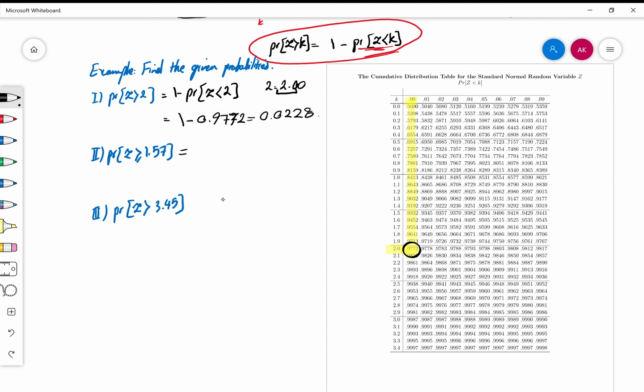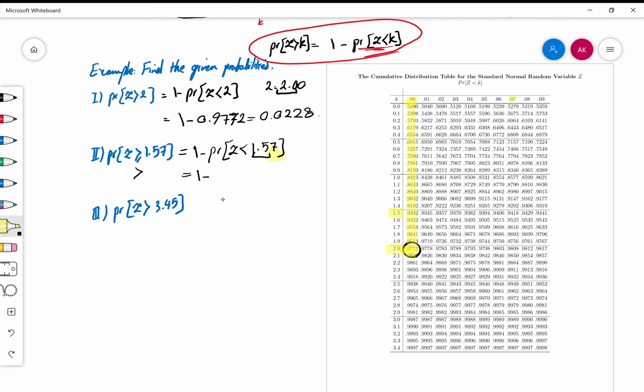For this other one, one thing you have to remember is that Z is a continuous random variable, so it doesn't matter if it's bigger than or equal, or just bigger than. Those are the same for continuous random variables. So by applying this formula, it is 1 minus the probability of Z less than 1.57. I need to find 1.5 and 0.07.